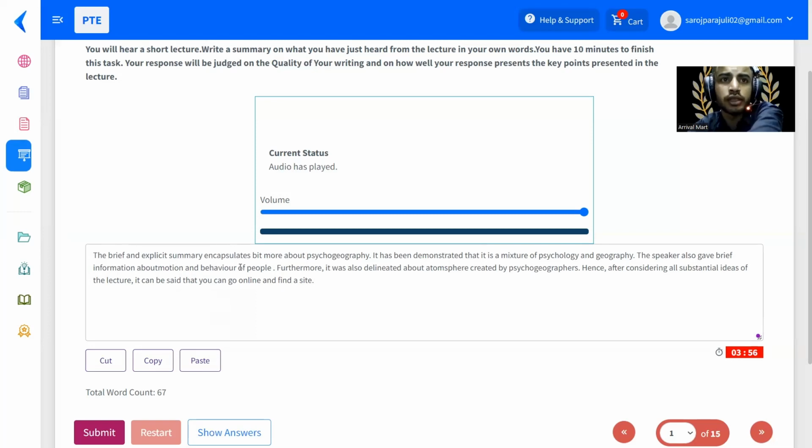The brief and explicit summary encapsulates a bit more about psychogeography. It has been demonstrated that it is a mixture of psychology and geography.